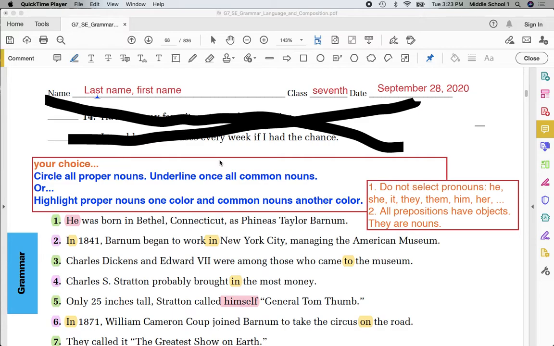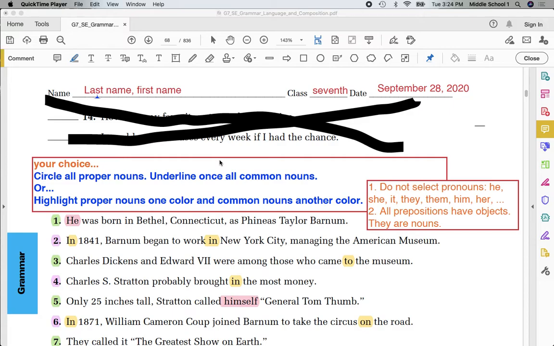Use one color, for example, yellow, for all the proper nouns, and use another highlighter color, for example, orange, for the common nouns. Now don't use more than 2 colors and don't mix the 2 colors up. Keep one color if you're going to use a highlighter for the proper nouns, and then highlight the other common nouns another color.